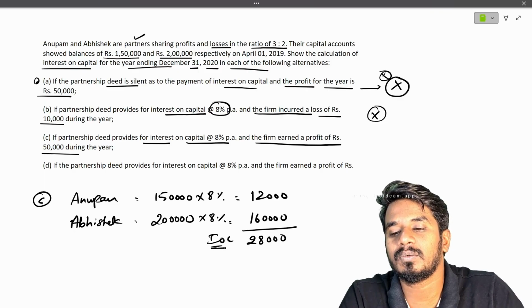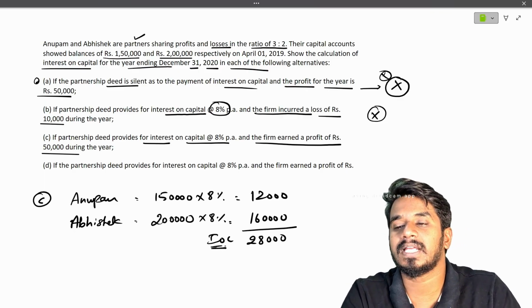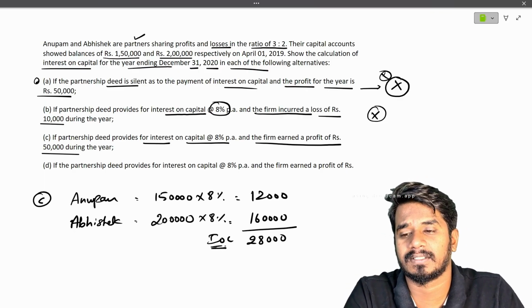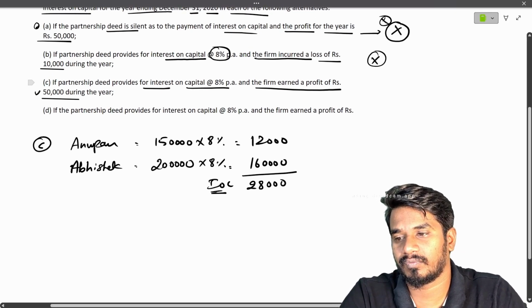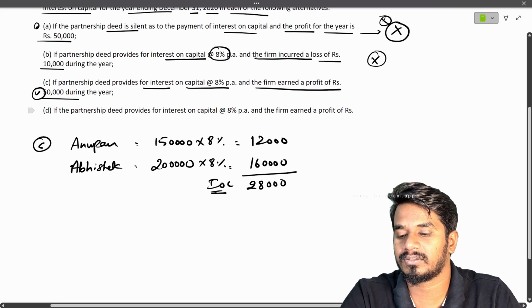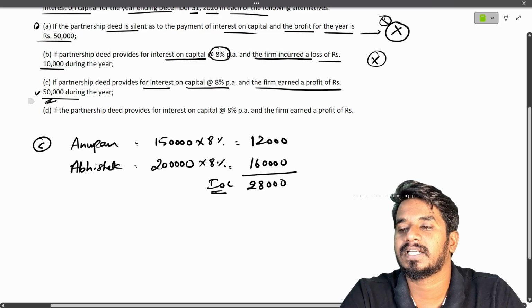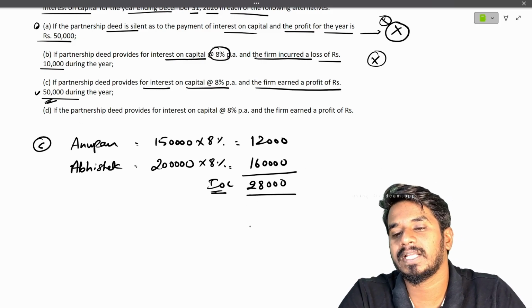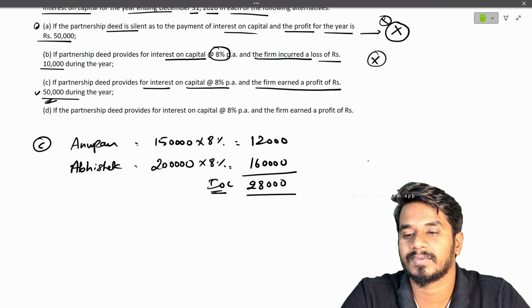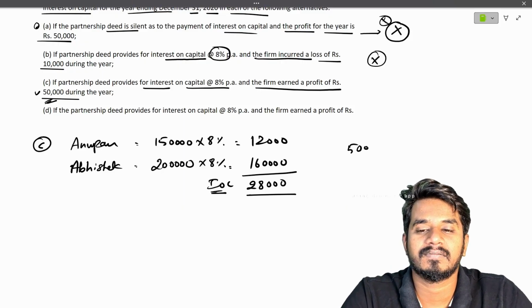The firm needs to pay this to the partners. So what is the profit? We have 50,000 profit, as given here. Out of 50,000, we pay 28,000 as interest on capital.